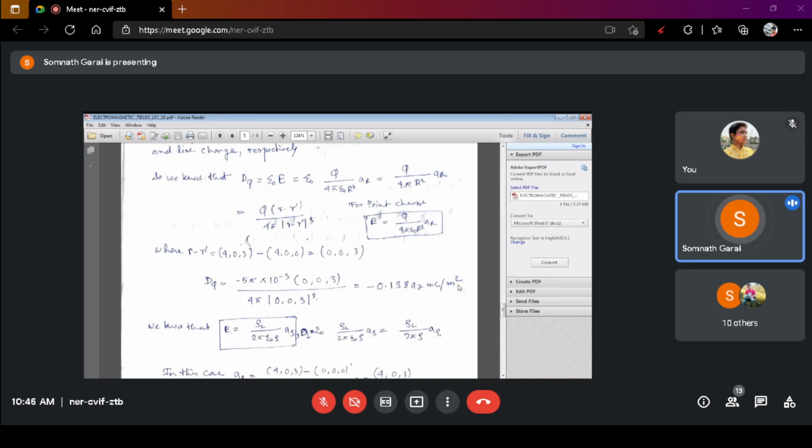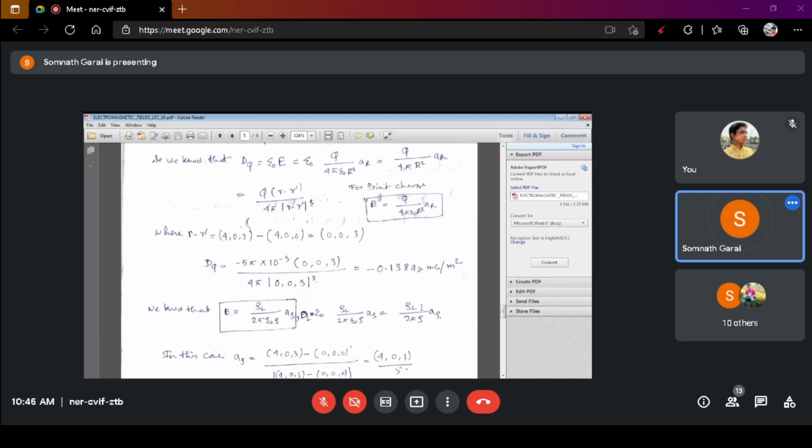For the second part. Okay, now for the second part, we know that if a line charge is there, we have already calculated in the earlier class, the electric field intensity E is equal to rho L divided by 2 pi epsilon naught into rho into A rho.